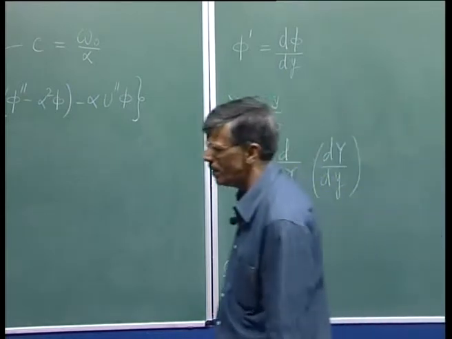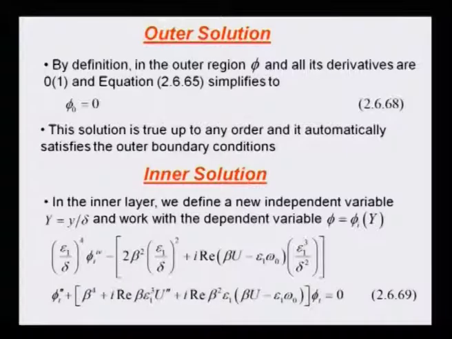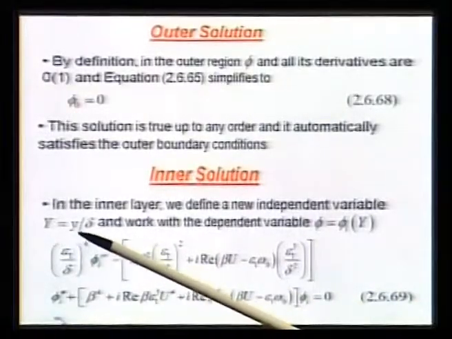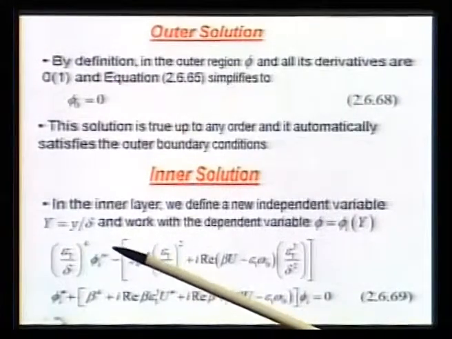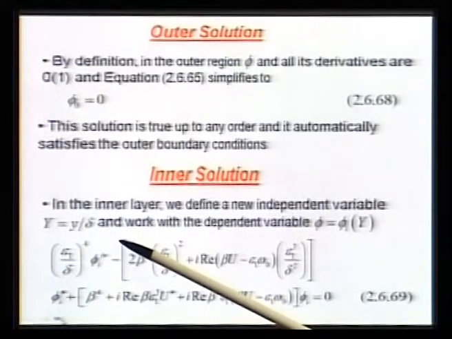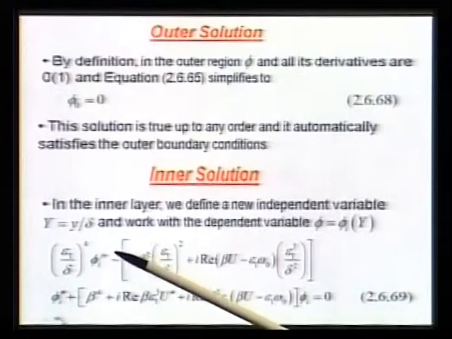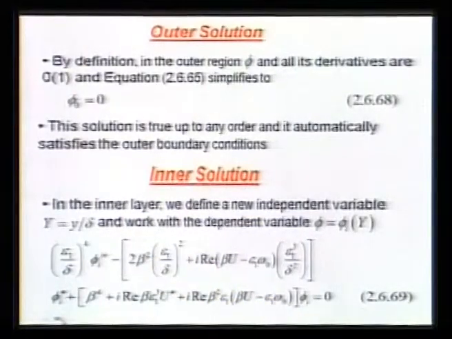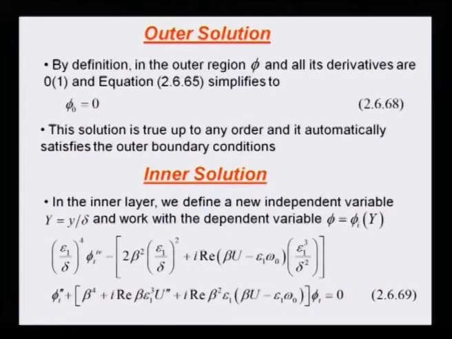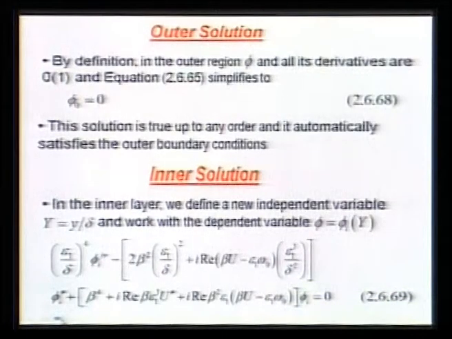Then you see what happened. Earlier we had a term epsilon 1 raised to the power 4 and the fourth derivative of phi. Now we are writing the same thing, but now these primes refer to derivatives with respect to capital Y. Okay? So, we get this equation.